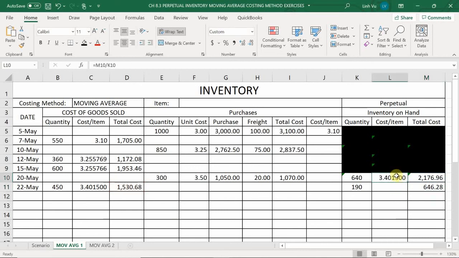Good, which brings my new average cost per item to be 3.401474. Okay, so this one definitely changed by a lot.